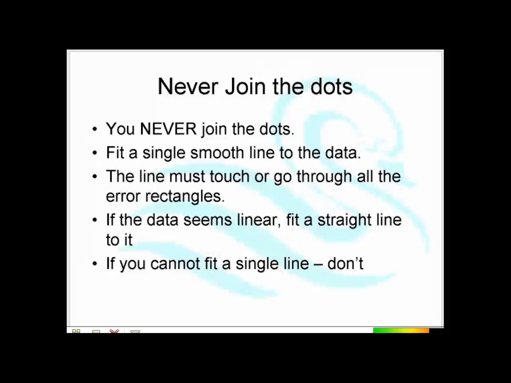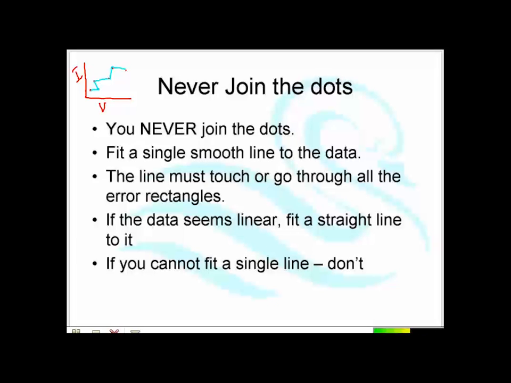When you plot your graphs, it's very important that you never join the dots. If I have a graph like this, and say I've got volts coming in there, and I've got current coming in there, if I plot a whole load of values, and then I join those values up, then it suggests that the relationship between volts and current is not a straight relationship.